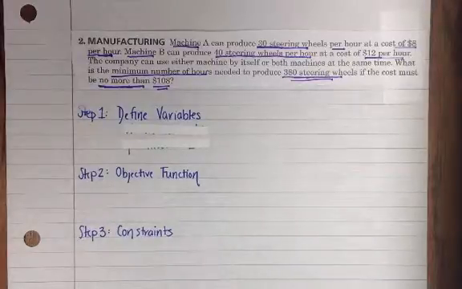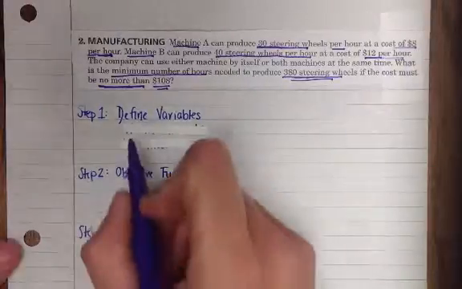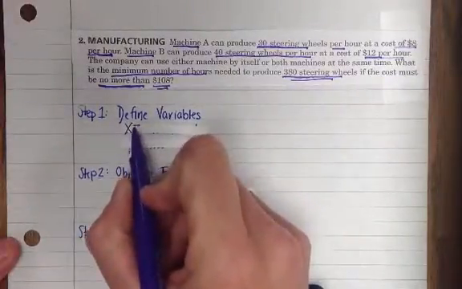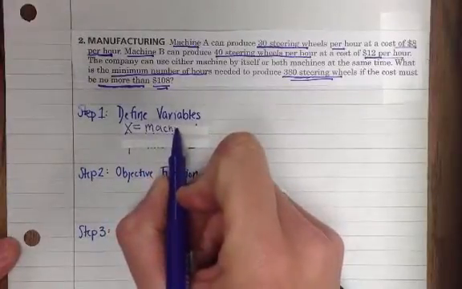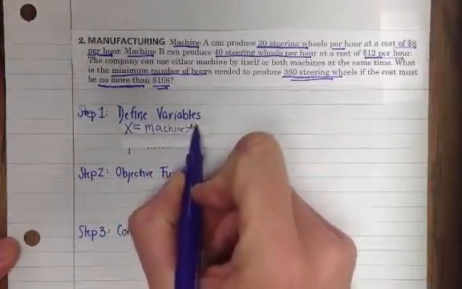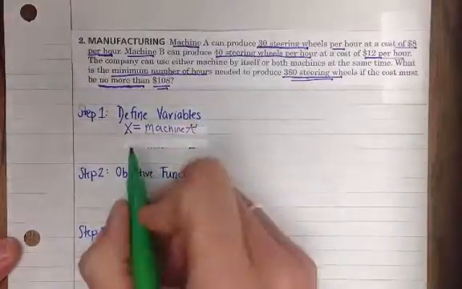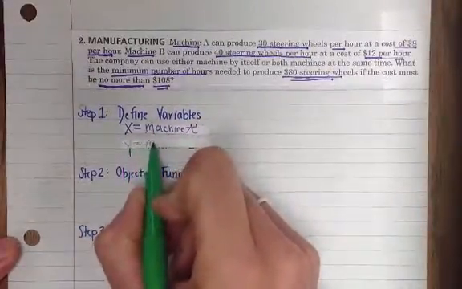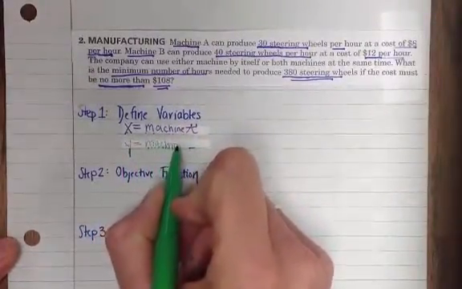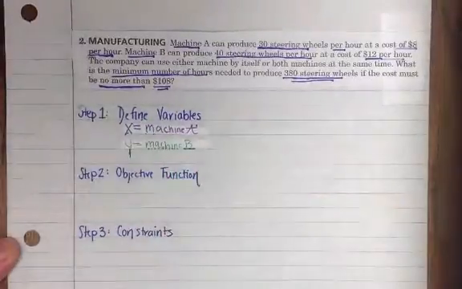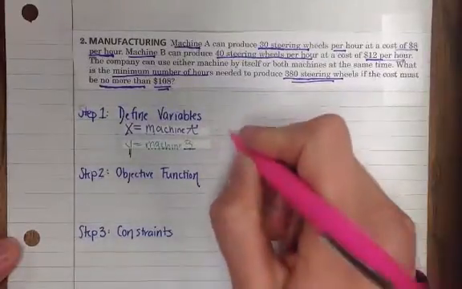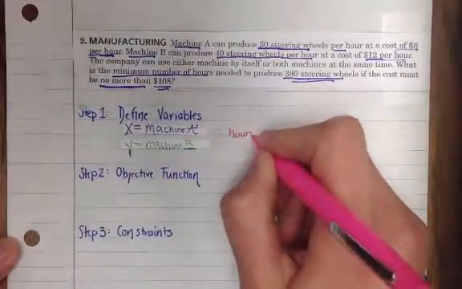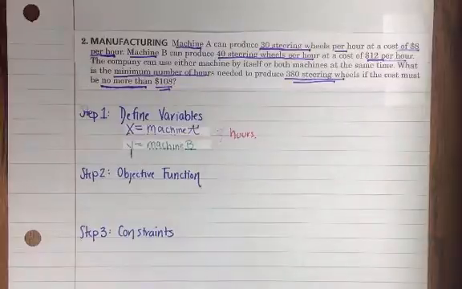So our variables, what we're looking at, is machine A and machine B. So I'm going to define X equal to machine A, and I'm going to define my Y as machine B. And both of these, I'm going to be looking at the hours that are being spent on both machines.